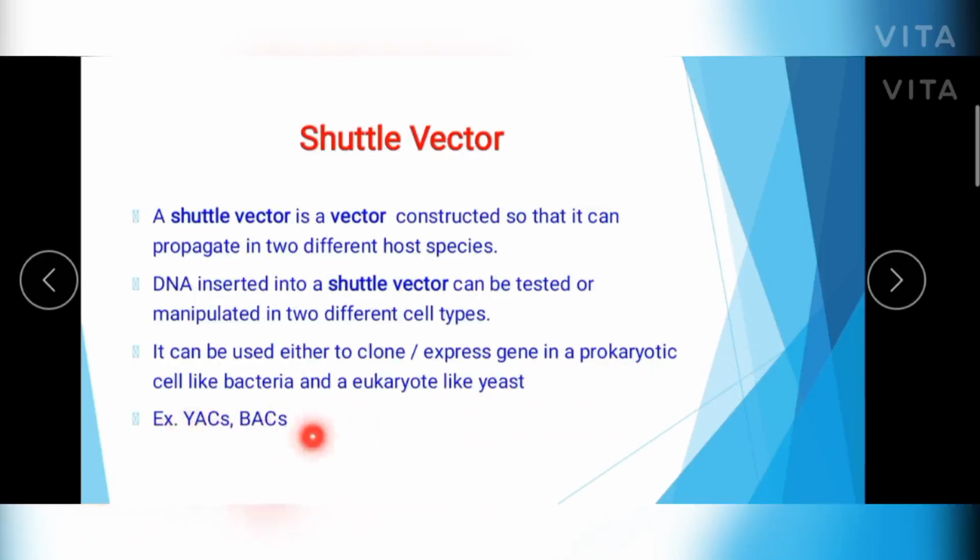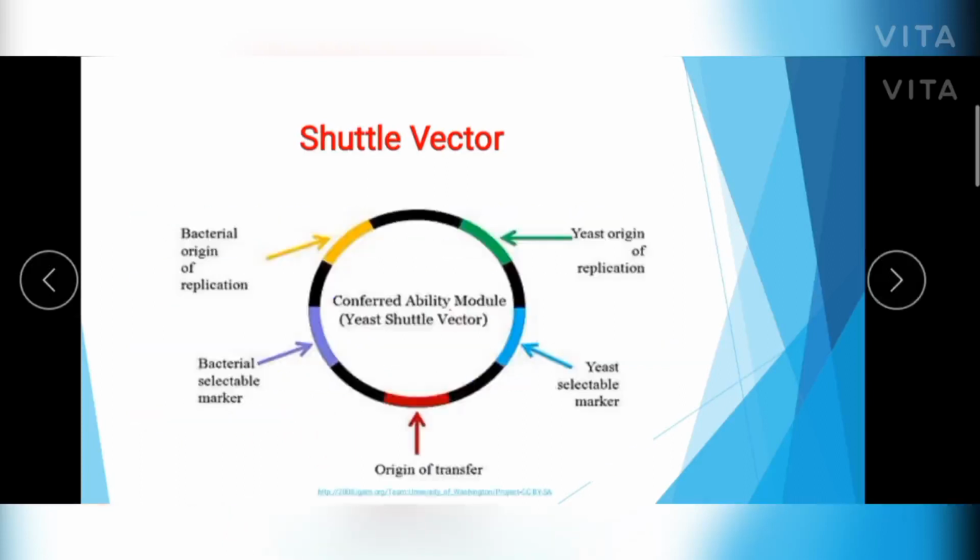The prominent vectors which are used are YACs and BACs. BACs, meaning bacterial artificial chromosomes, are generally used for the construction of genomic libraries, and these vectors have the capacity to insert large-sized DNA molecules. For this reason, they are used in the preparation of genomic libraries.